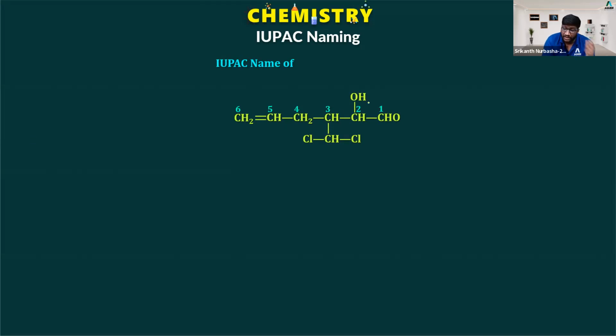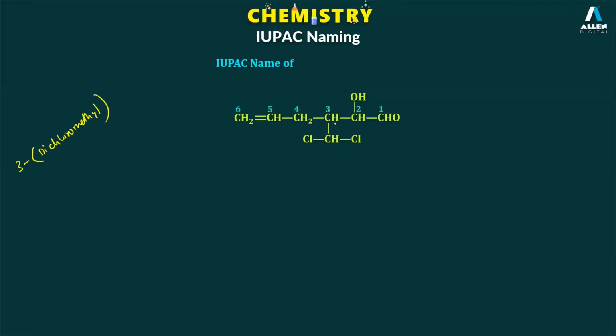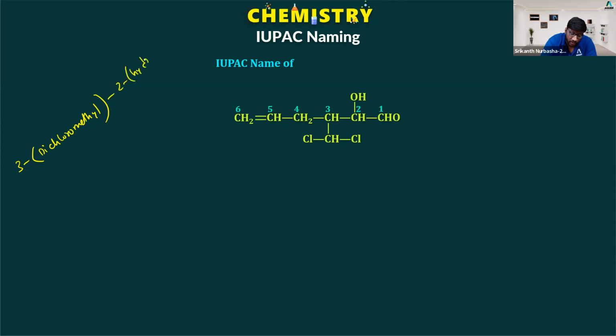So D comes first before hydroxy, H. So we write 3-dichloromethyl, and on the second position you have hydroxy, so 2-hydroxy. These are the substituents, so the secondary prefixes are done. Primary prefix: no cyclic group, so cyclo is not required. Then you have the root word. What is the root word? 1, 2, 3, 4, 5, 6: hex.